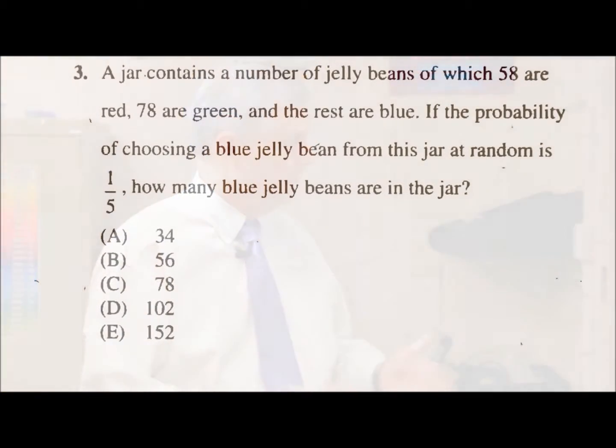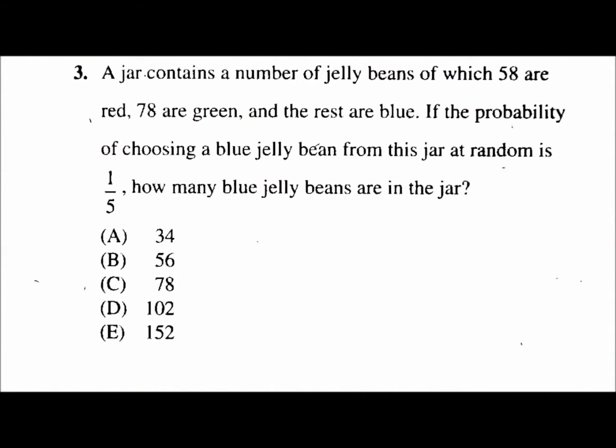Okay, let's take a look now at a typical probability problem. This is a number 3, so it's going to be fairly easy. We've got a jar that contains a number of jelly beans, of which 58 are red, 78 are green, and the rest are blue.